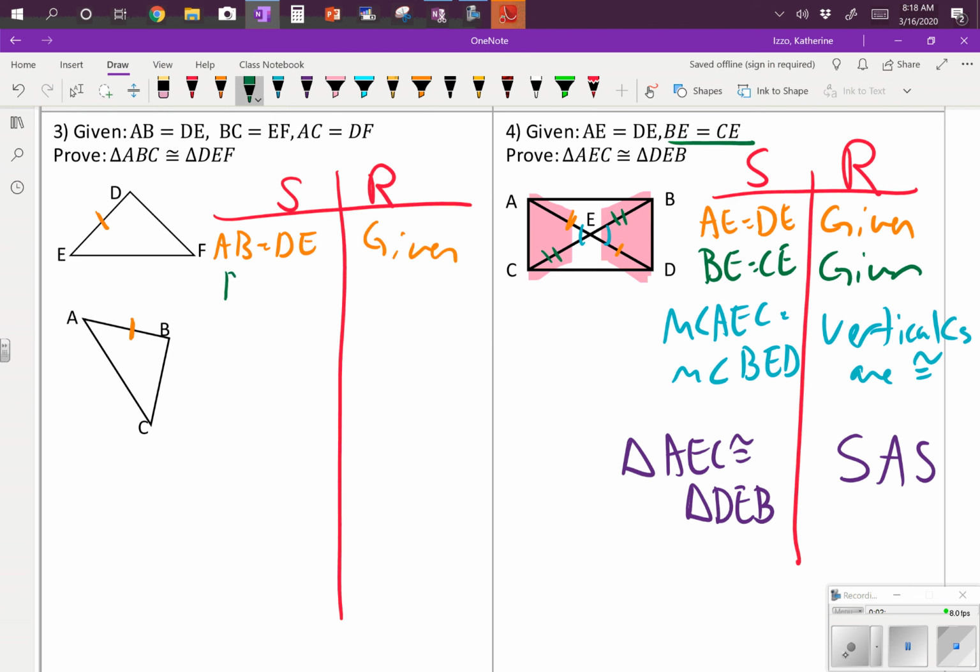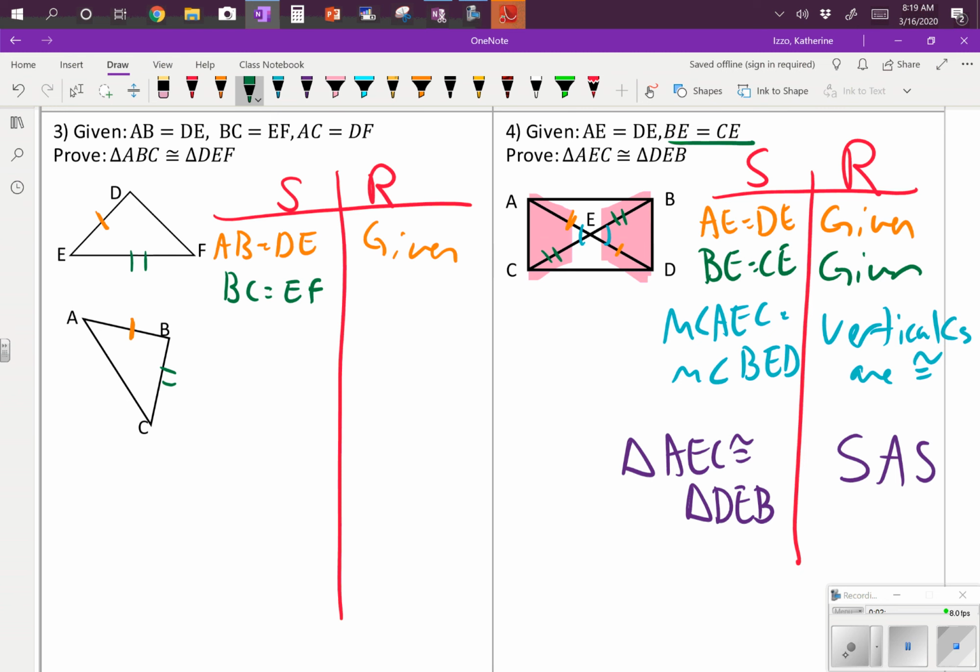Next thing that we have to do is BC equals EF. Those do not look right, do they, Squirrel? But we always go with the picture is not always to scale. I know it's painful that the picture is not always to scale, but we have to deal with it.